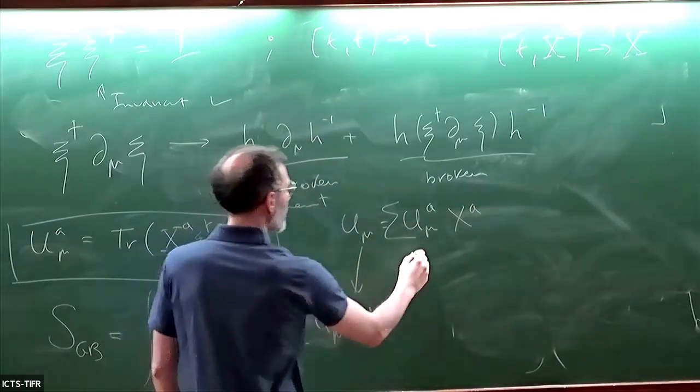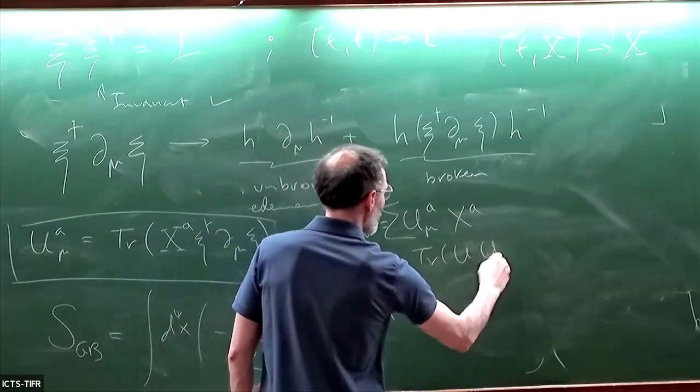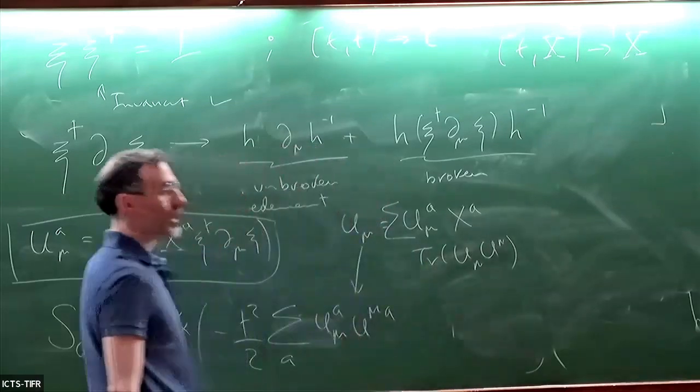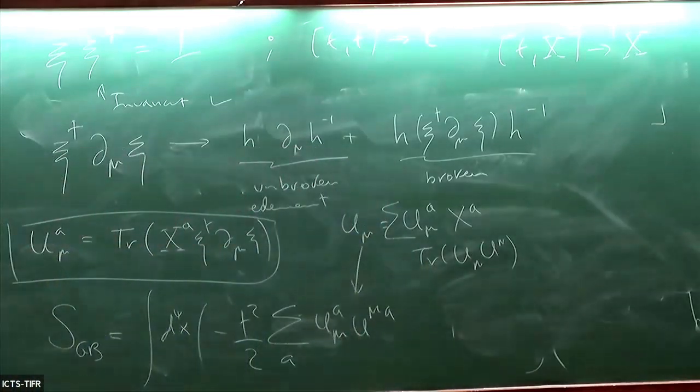That thing can be rewritten as a trace of U, so that the invariance is more evident.